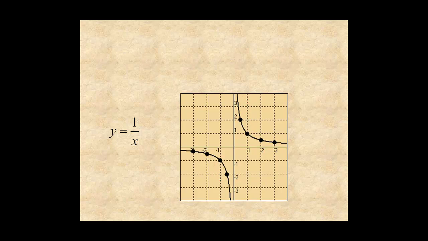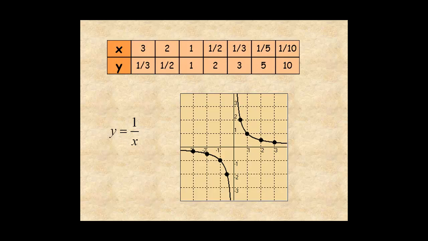This behavior near the vertical asymptote is easy to understand. Recall what you know about fractions. When the denominator of a fraction gets smaller, the value of the fraction gets larger. For example, here are the values of the function from x equal 3 to x equal 1/10.